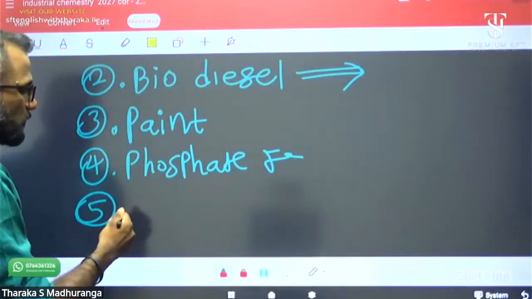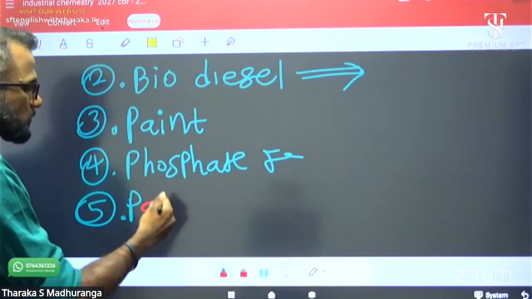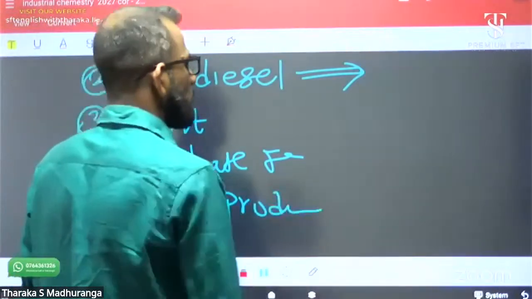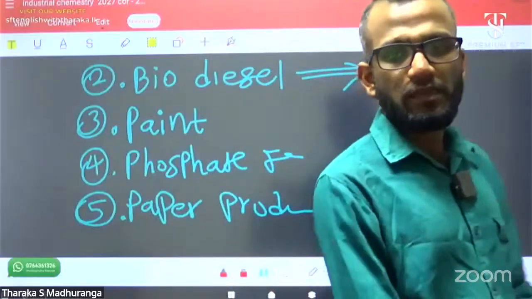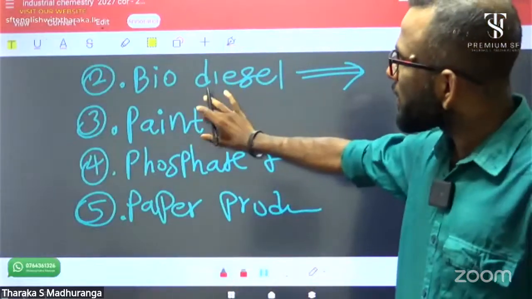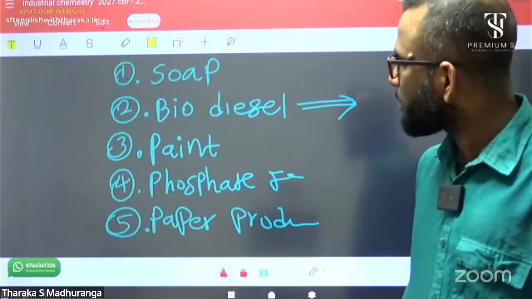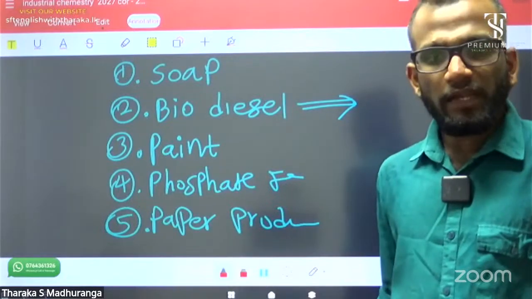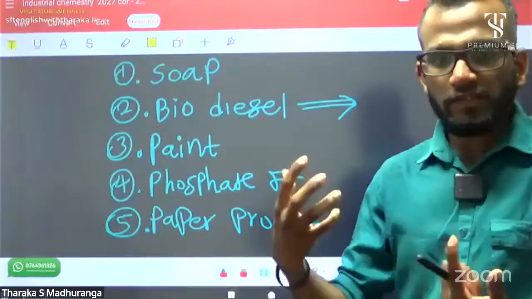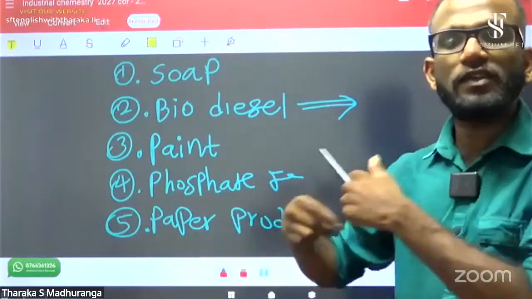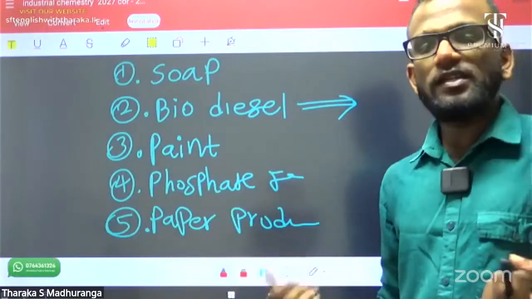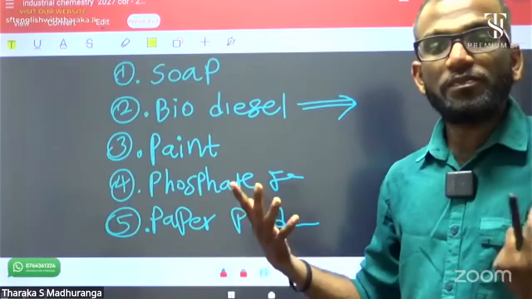The fifth and final one, paper production. Actually, for all these industries, soap, biodiesel, paint, phosphate fertilizer, and paper, we have resources. For paper production, we have machines and a lot of plants.